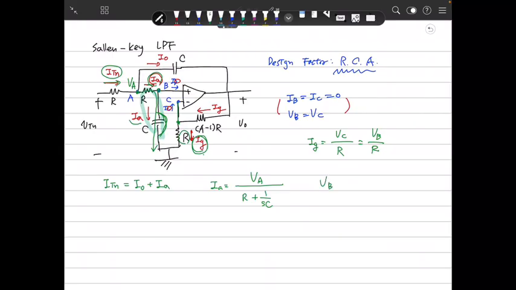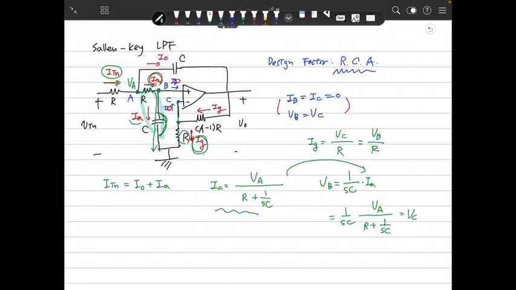So VB will be 1 over SC times IA. And this is IA, so we insert that, and that will be 1 over SC times VA over (R plus 1 over SC). This is VB. Then VC is the same.